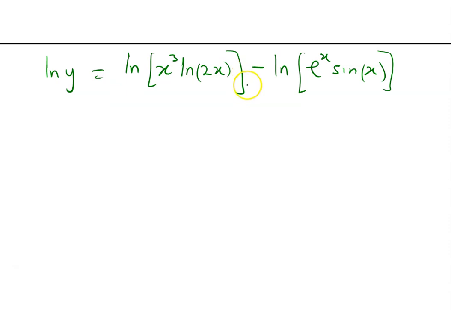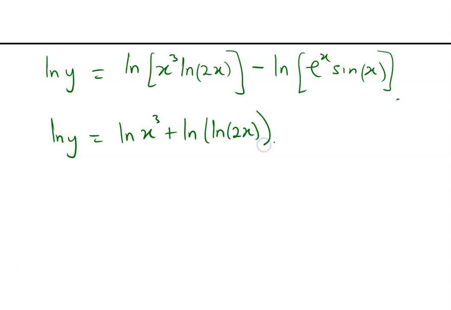So at this point, I can still simplify what is at the left hand side. So we can say that then y is equal to what? Then ln x cubed, right? Plus ln of ln 2x, right?